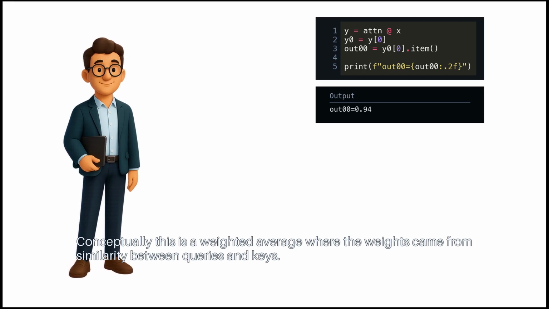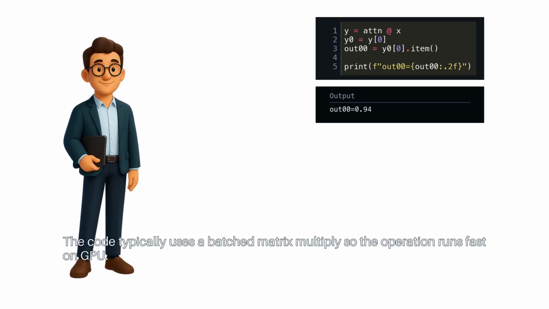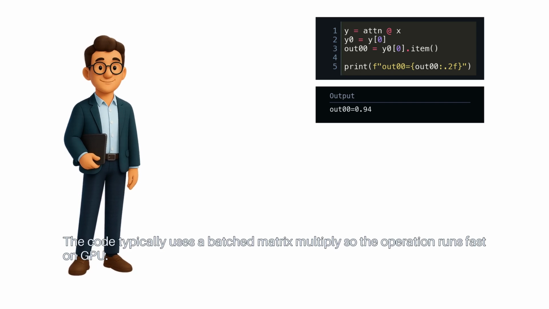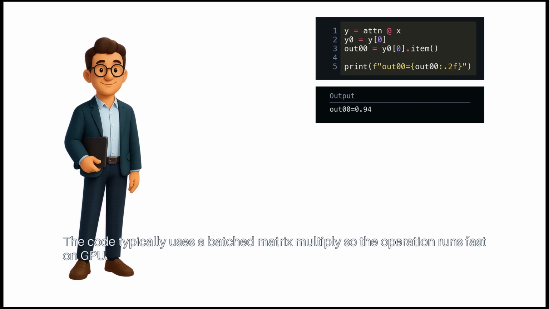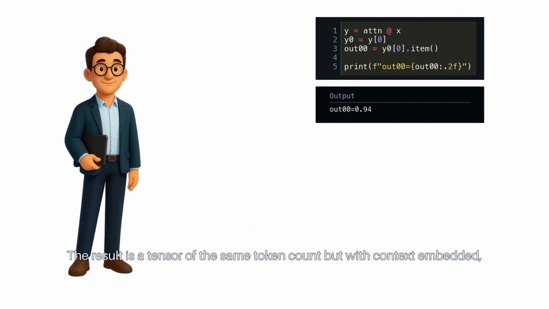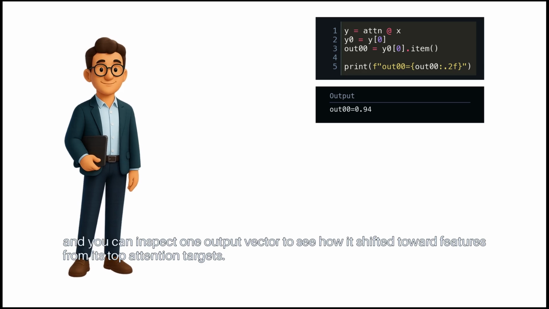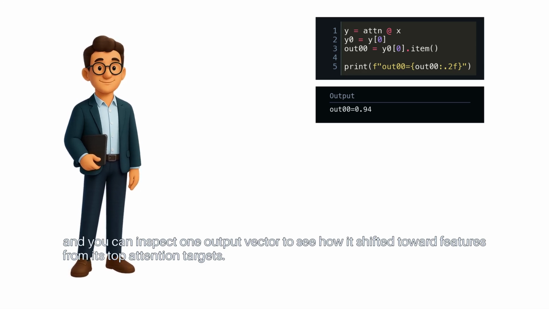Conceptually, this is a weighted average where the weights came from similarity between queries and keys. The code typically uses a batched matrix multiply, so the operation runs fast on GPU. The result is a tensor of the same token count, but with context embedded, and you can inspect one output vector to see how it shifted toward features from its top attention targets.